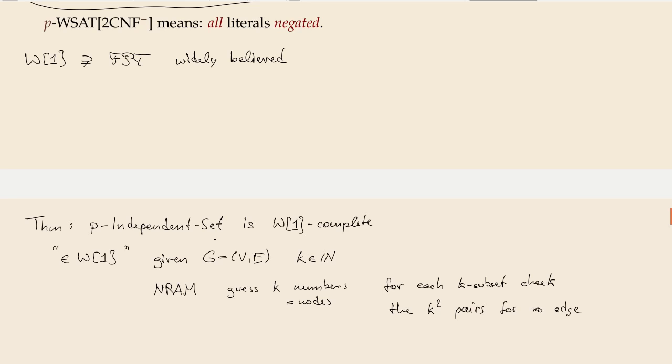Maybe you can think about that again and improve it, but if you don't think about it, then it's linear in the graph, whereas here it's really only depending on the size of the solution, which was our parameter. So the number of non-deterministic steps that we need here is only a function of the parameter. That's why it's in W1.